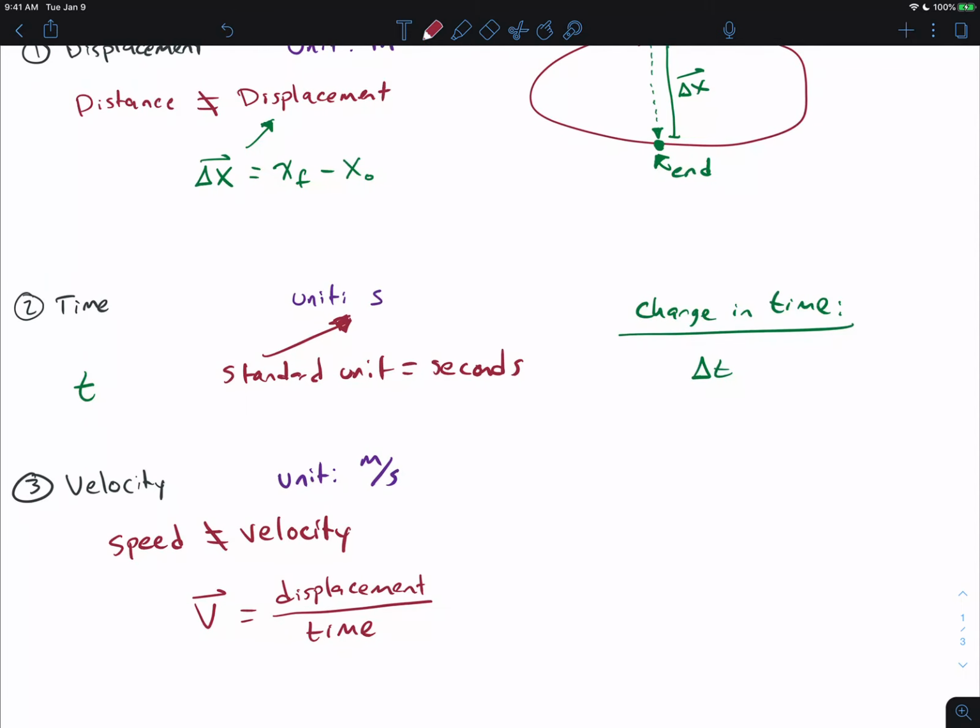When we do this here, I'm going to change this to green, and it is my displacement divided by time. If I wanted to expand this with this formula up here, then this would be my final position minus my initial position over time.